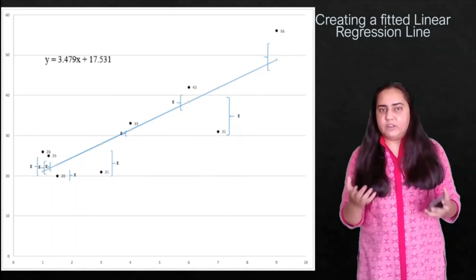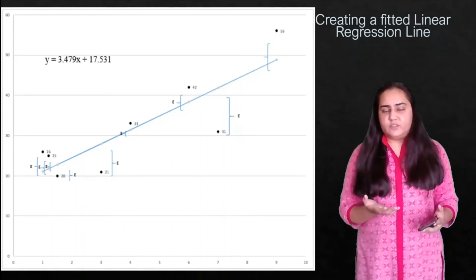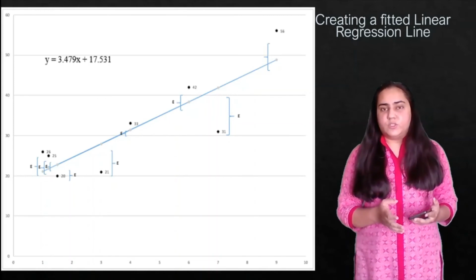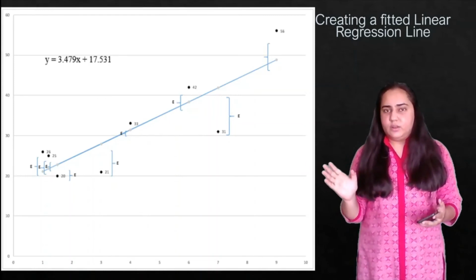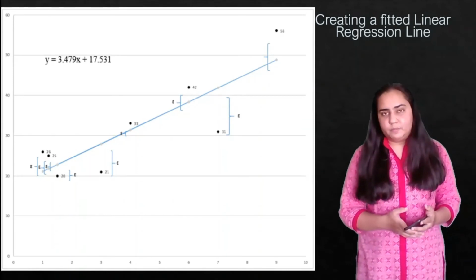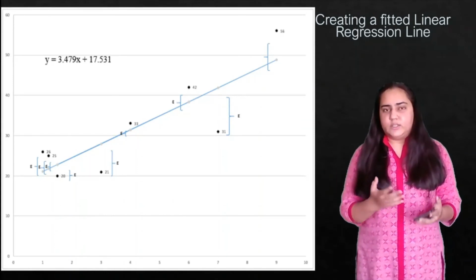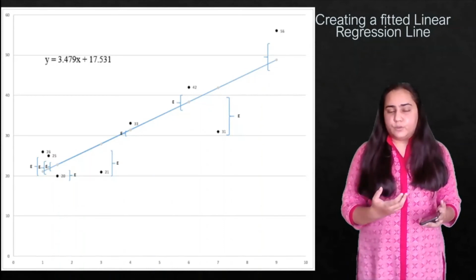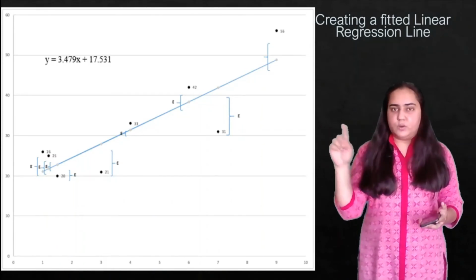So that means there is some noise, there is some value of epsilon working here, which is causing your line to be a little bit far away from the actual data points. Obviously, because your data is so scattered around the graph, you cannot really hope to create a line that's going to pass through all the data points.